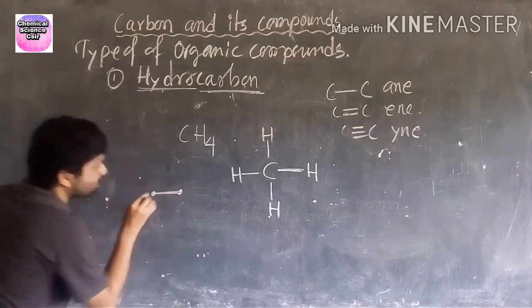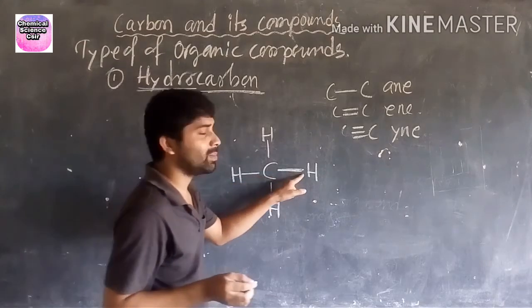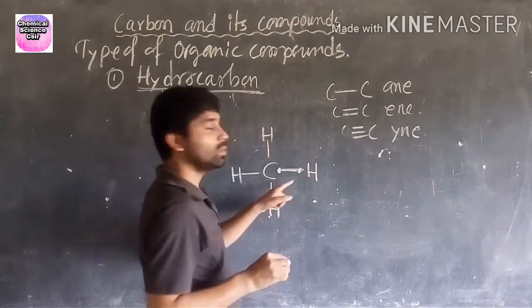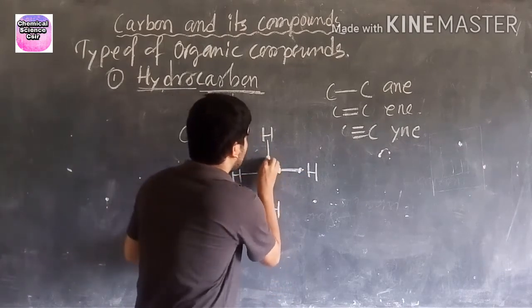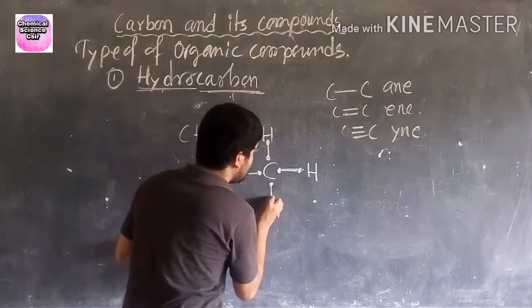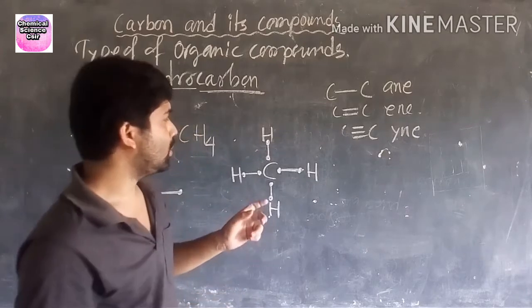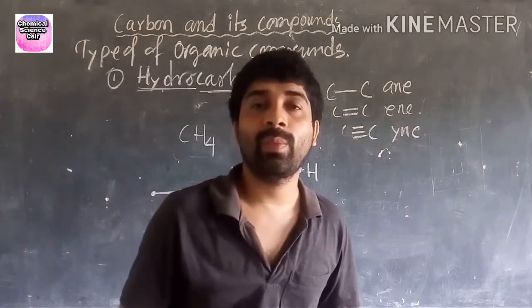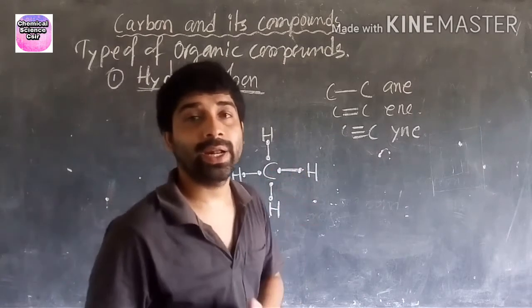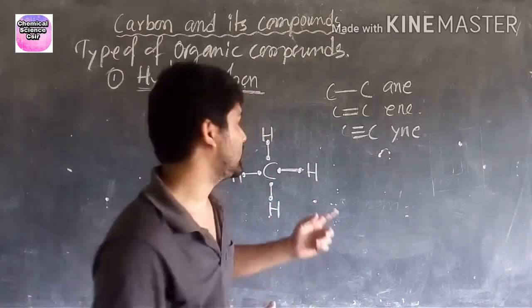So this one is 1 bond. Here 1, 2, here 1, 2, 1, 2, 1, 2. So in each single bond, 2 electrons are present.